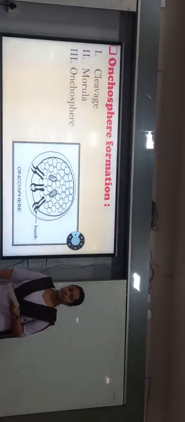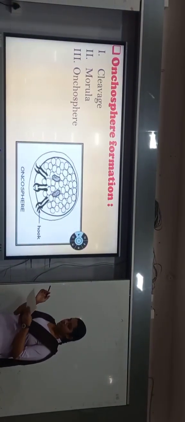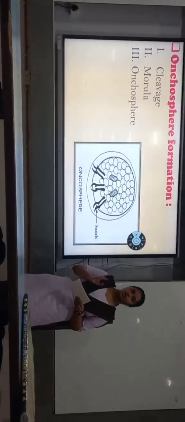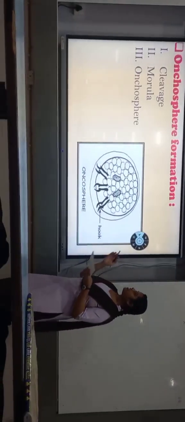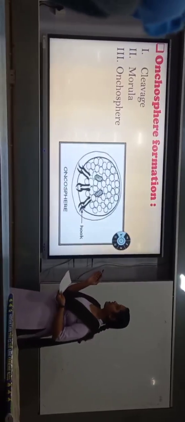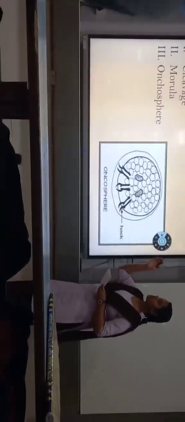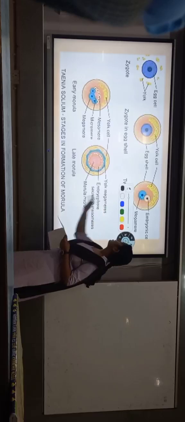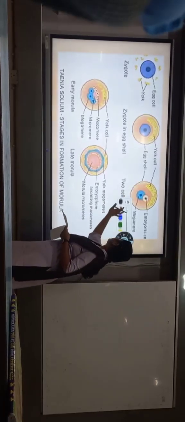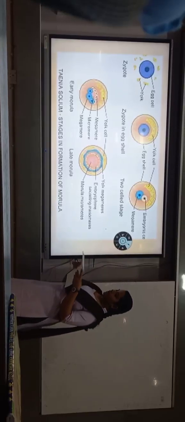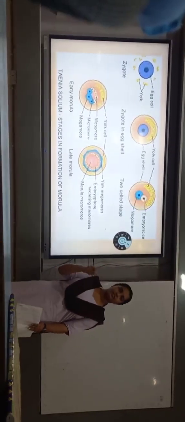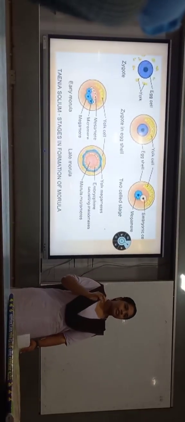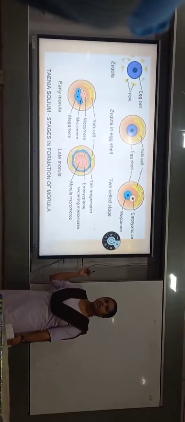Now oncosphere formation, cleavage. The zygote undergoes cleavage when the capsule is in the uterus, and here cleavage is holoblastic and unequal. The first unequal division results in a larger megamere and a smaller embryonic cell. Next is the morula. The megamere further divides and forms several similar megameres, whereas the embryonic cell divides further, producing two cells, the larger megamere and the smaller micromere.